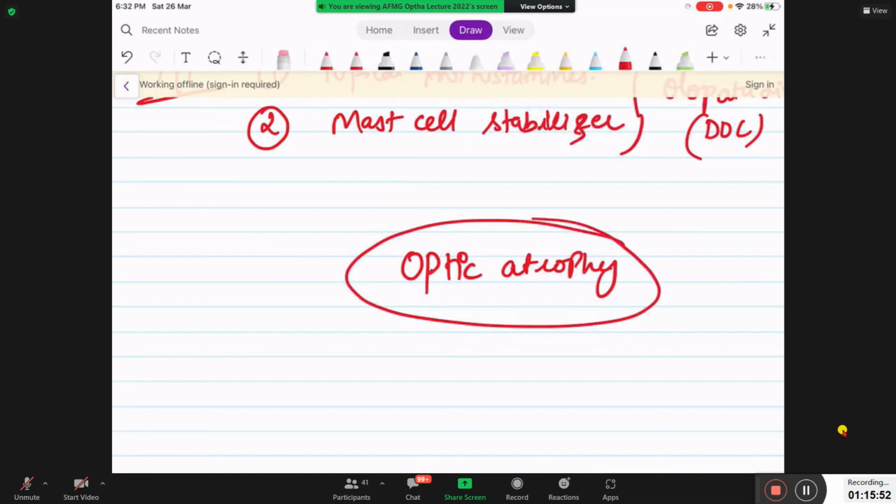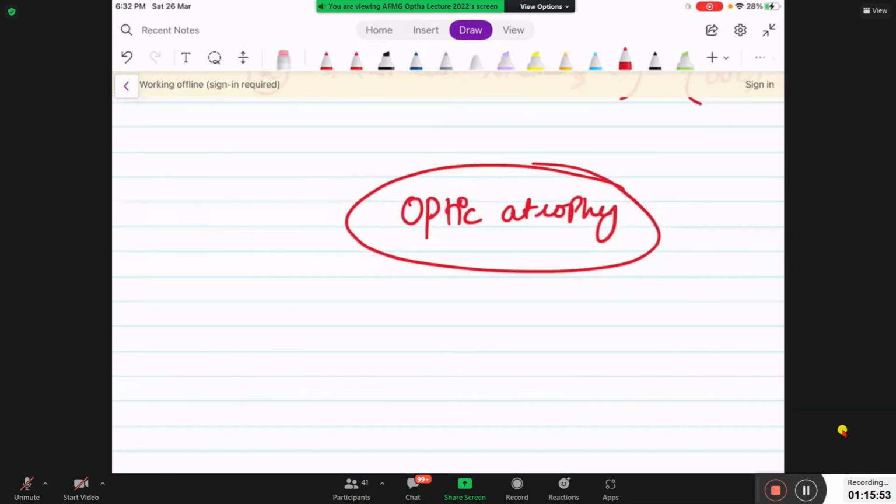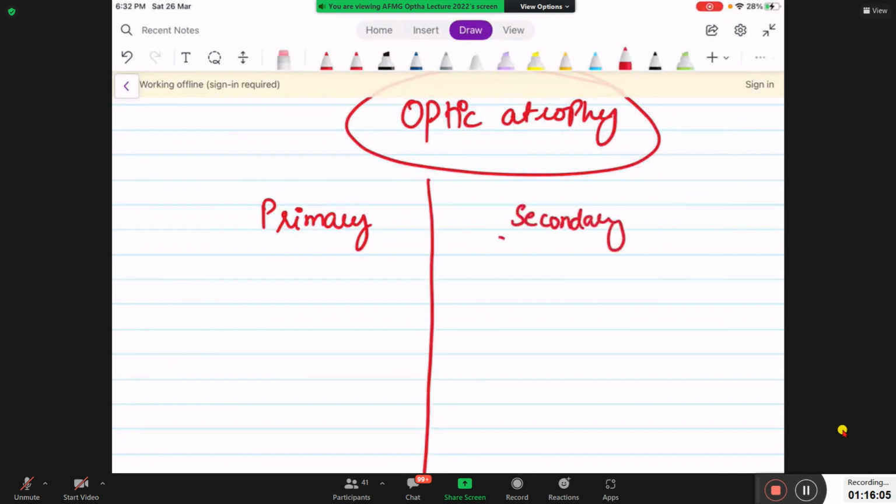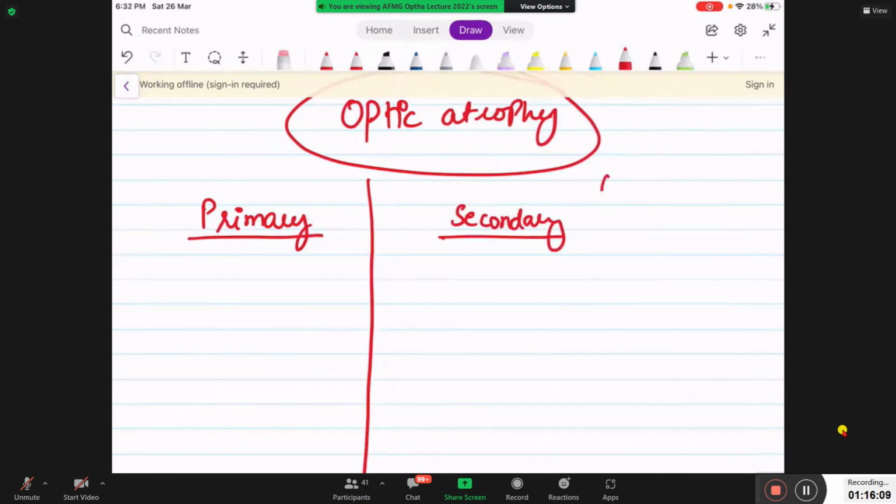So when there is atrophy of an optic nerve, that is your optic atrophy. It is of three types: primary optic atrophy, secondary optic atrophy, and consecutive optic atrophy.